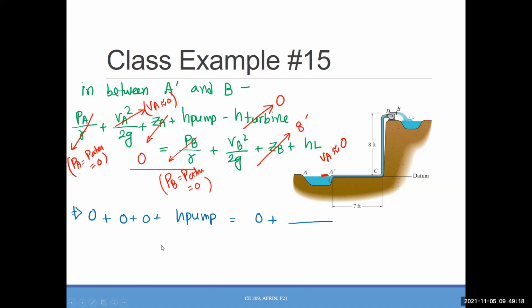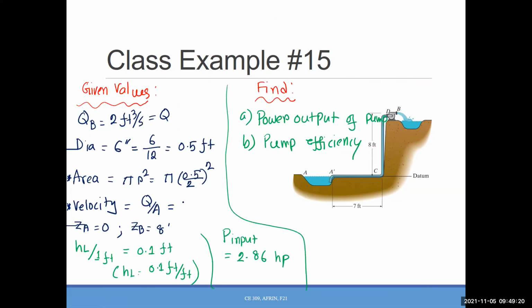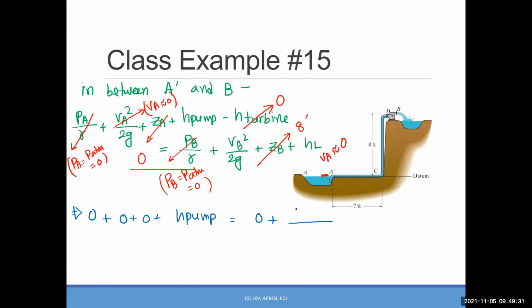Okay, yeah, I got kind of the same, 10.186, which is 10.2. So 10.2 square over 2 into 9.81. Okay, and ZB is 8.